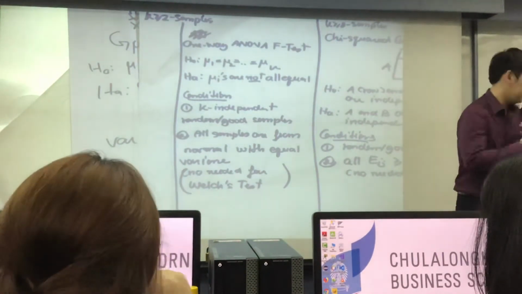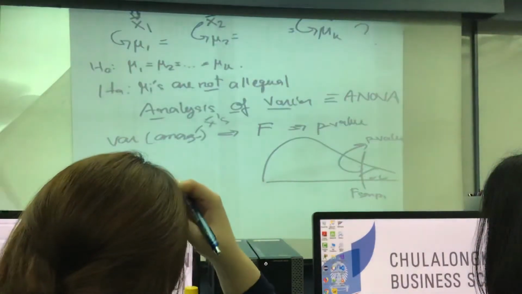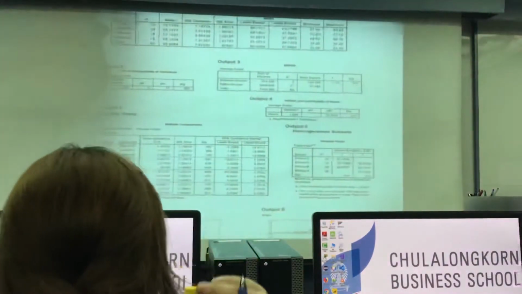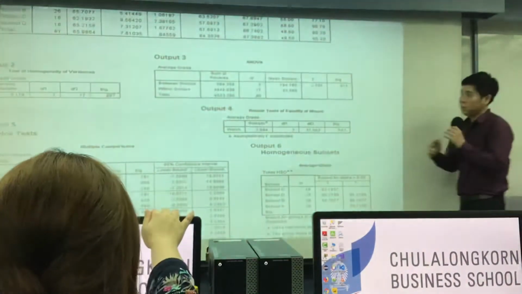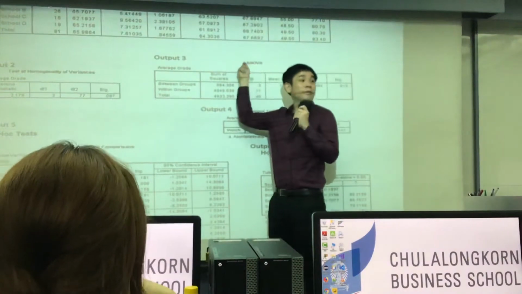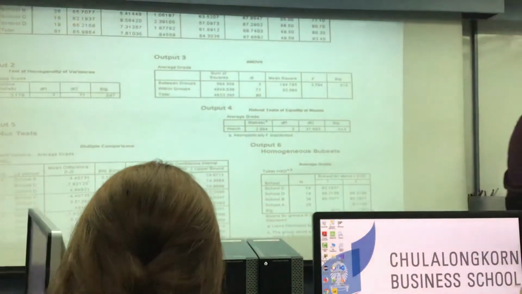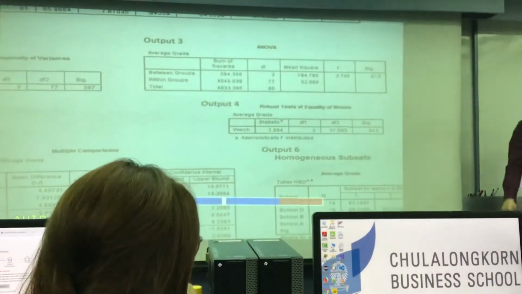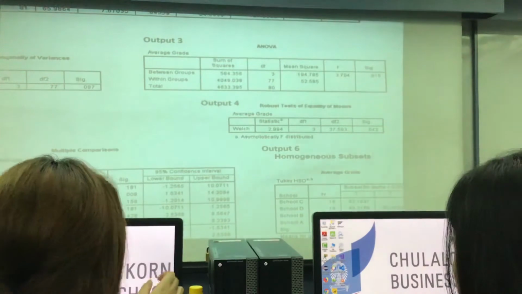Okay, so now, just take a look at the output. The name of the test that we just learned is ANOVA. So basically, we're going to use this output. The one that you really want is basically just this one.